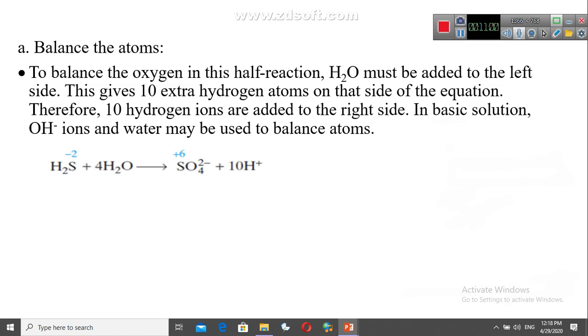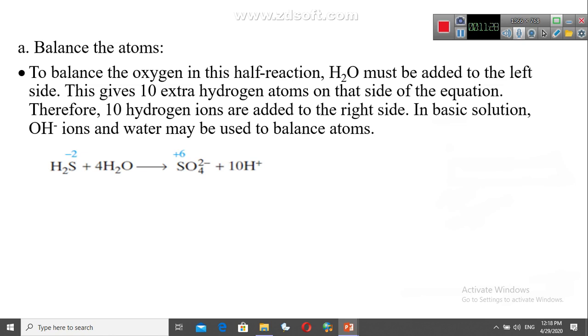Because the right side contains oxygen, but in H2S there is no oxygen. In order to balance the oxygen, we add a number of water molecules equal to the number of oxygen on the right side. We must add 4 water molecules.